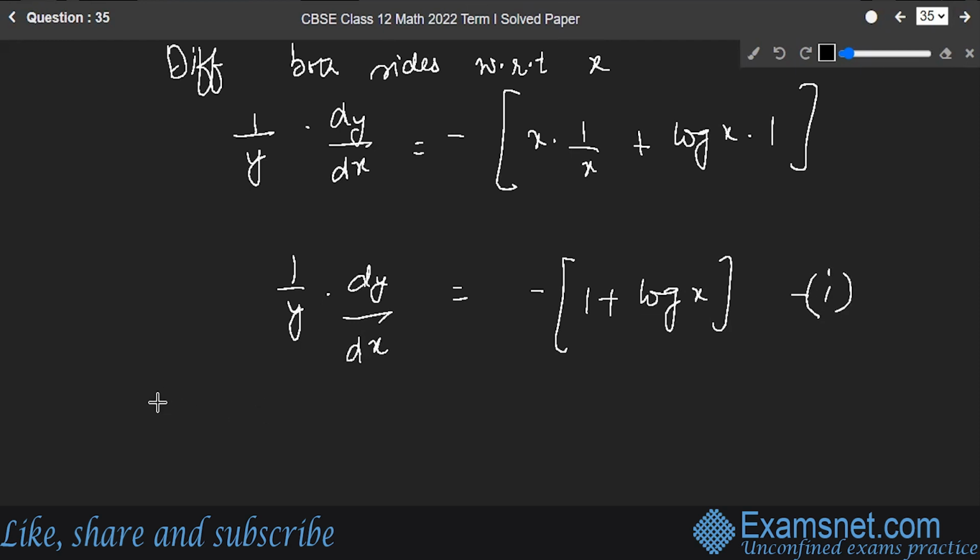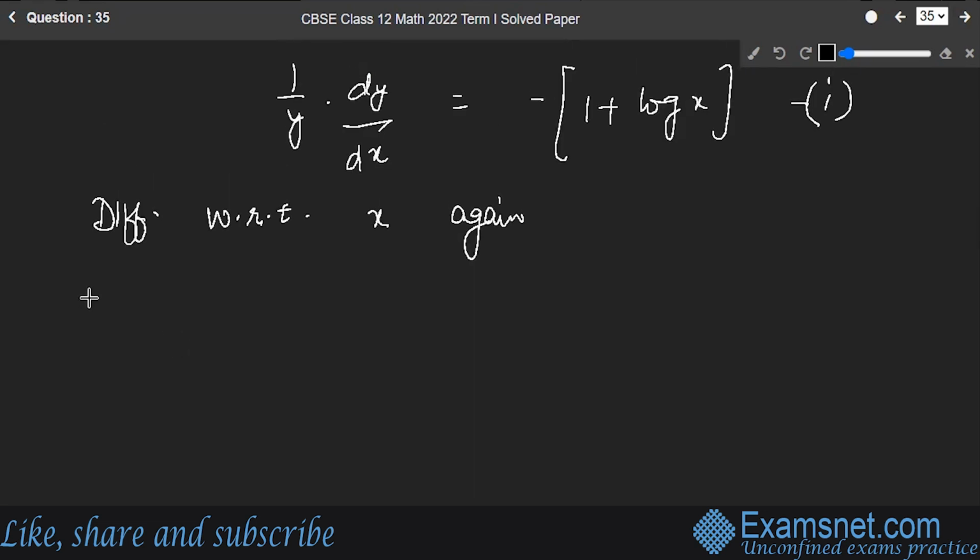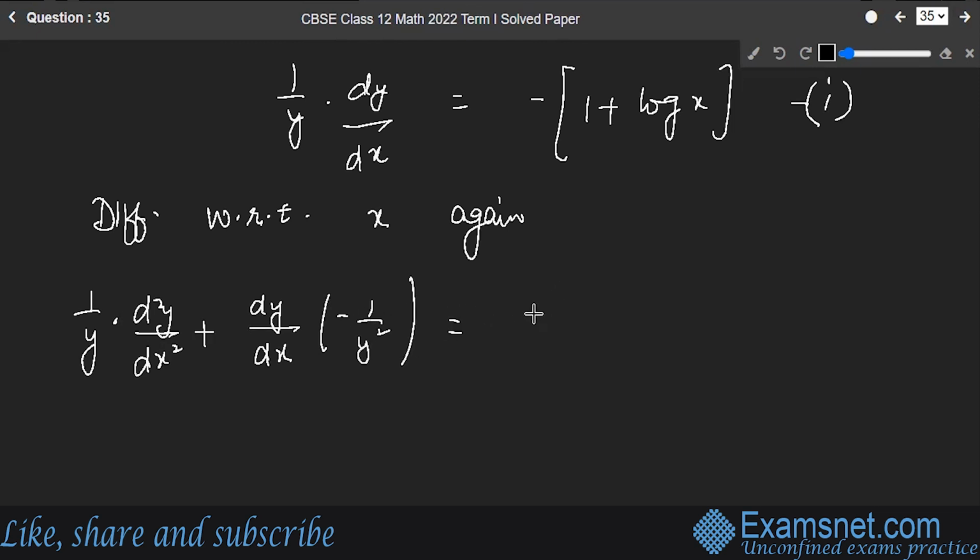Now again differentiating it with respect to x. Again, you will have first function into derivative of second plus second function into derivative of first, is equal to, this will be 0 plus this will be minus 1 by x.